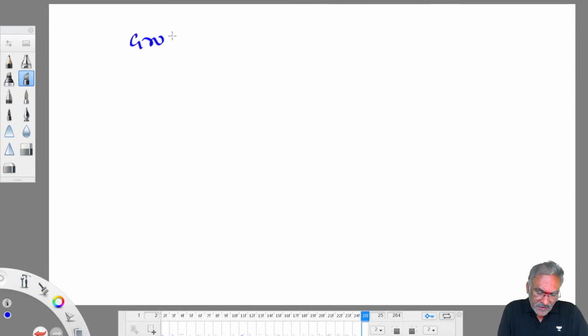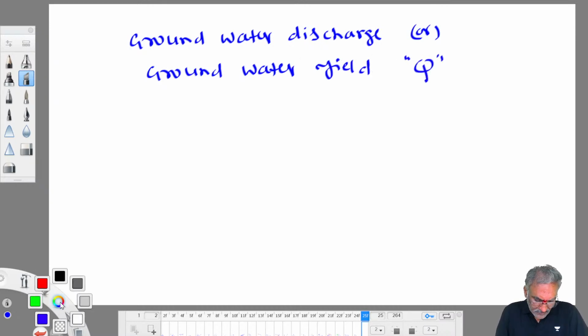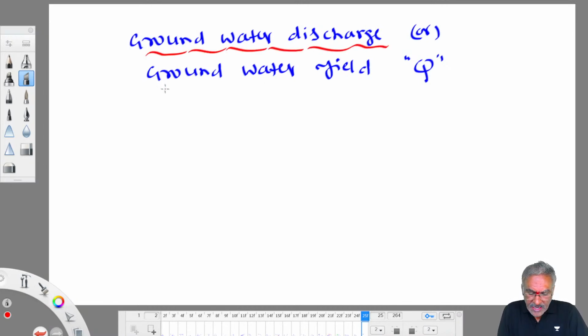So groundwater yield or groundwater discharge from the aquifer we work out by using the equation Q is equal to KIA.